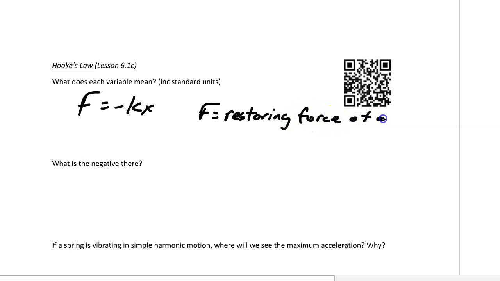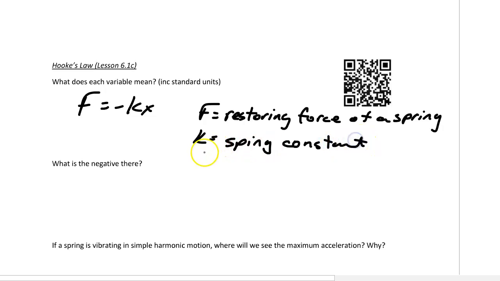of a spring. k is the spring constant, and x is the displacement.